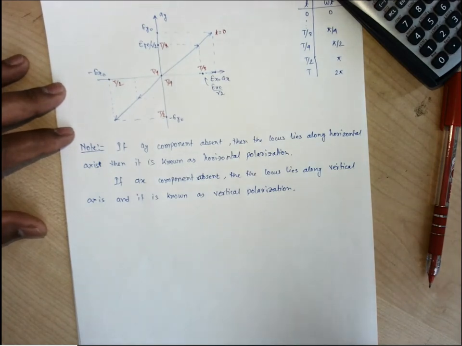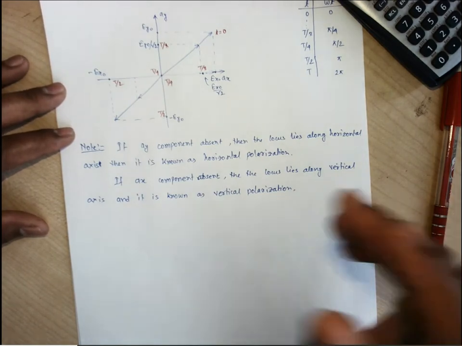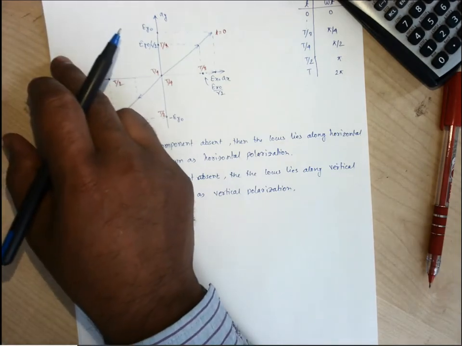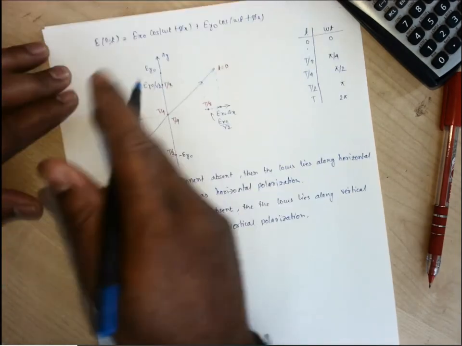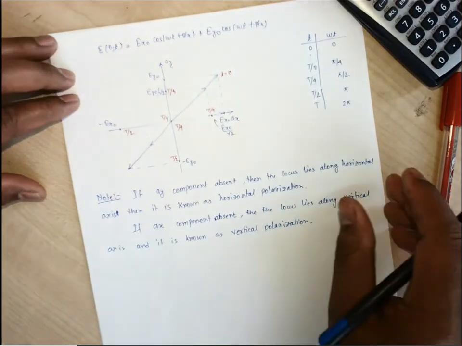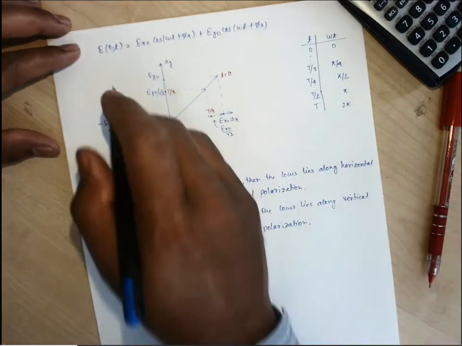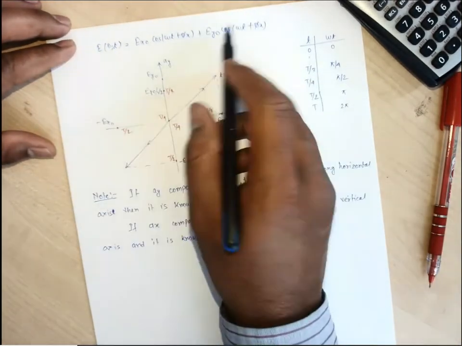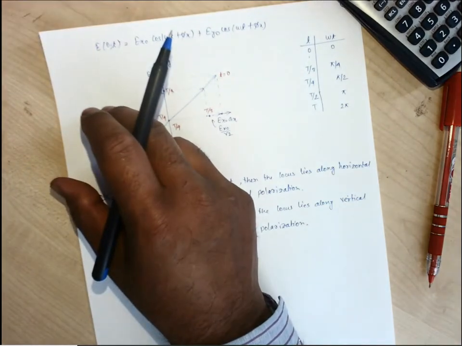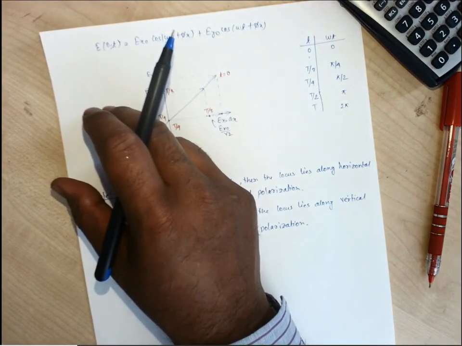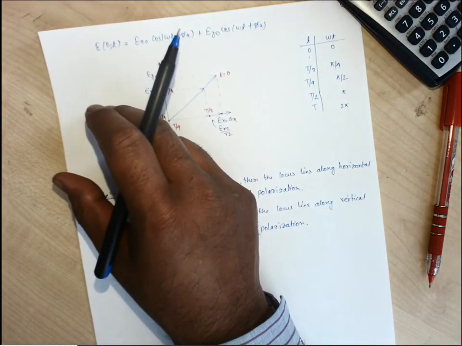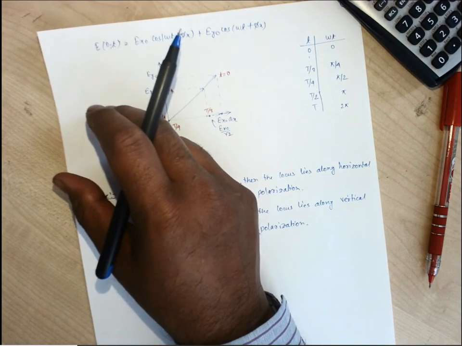So we must specify the reference plane. So this is our plane wave at z equals to 0. We always work with this one for either linear, circular, or elliptical polarization.